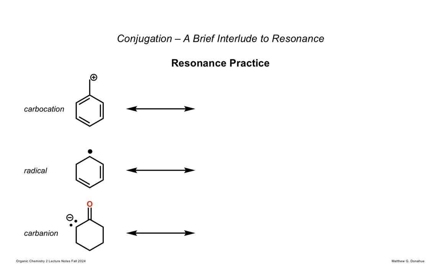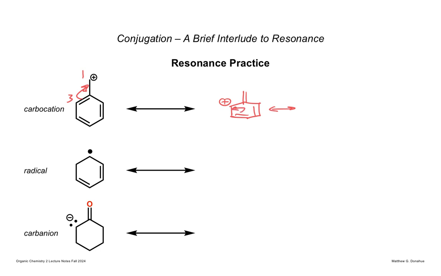So we have the 3 situations: carbocation, radical, and carbanion. With the carbocation, we need something to push electron density into, and that's going to be the pi bond of the ring. So we have carbons 1, 2, and 3. So this pi bond pushes up. And so the carbocation, therefore, has to be at position 3. And we have even more resonance forms.